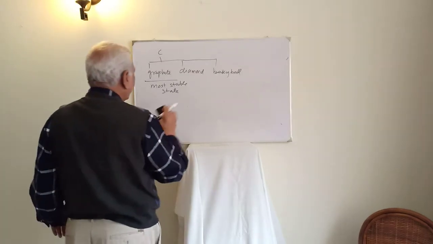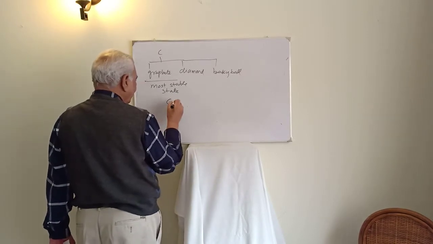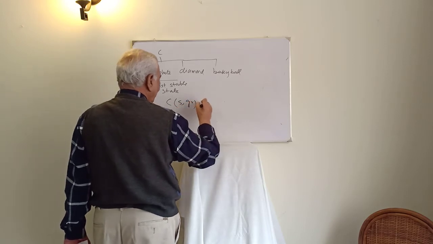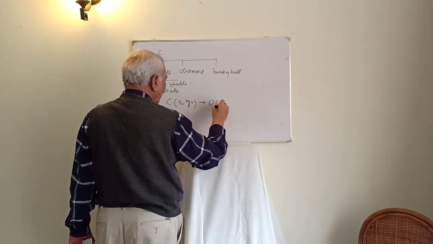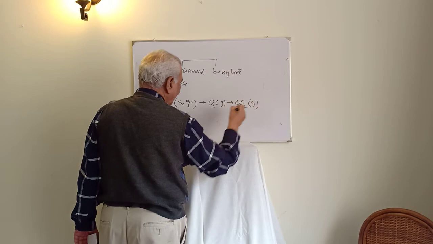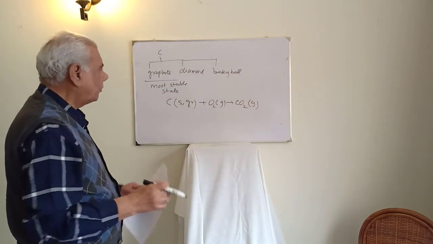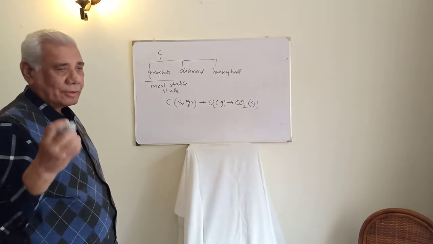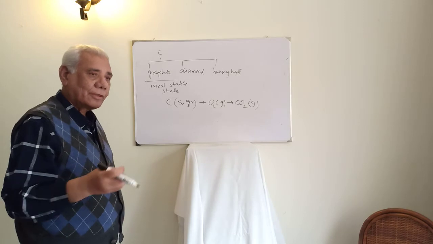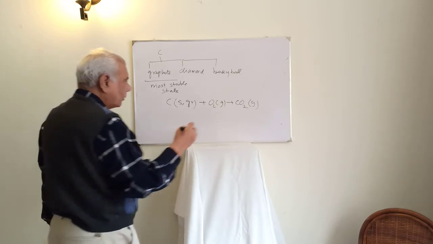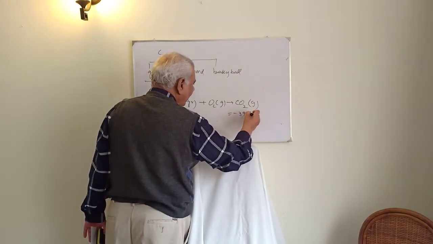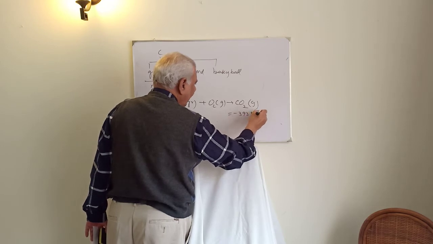Now consider the reaction C solid graphite plus O2 gas gives CO2 gas. This is a very important reaction because the enthalpy change of this reaction is used in the calculation of the enthalpy change of other reactions. So this is minus 393.5 kJ.